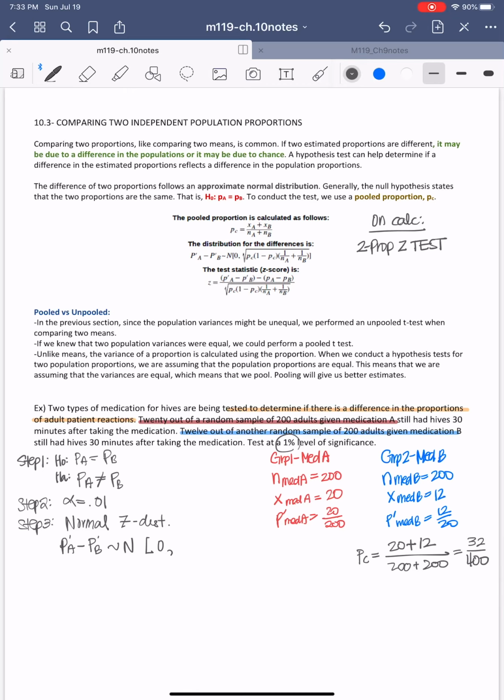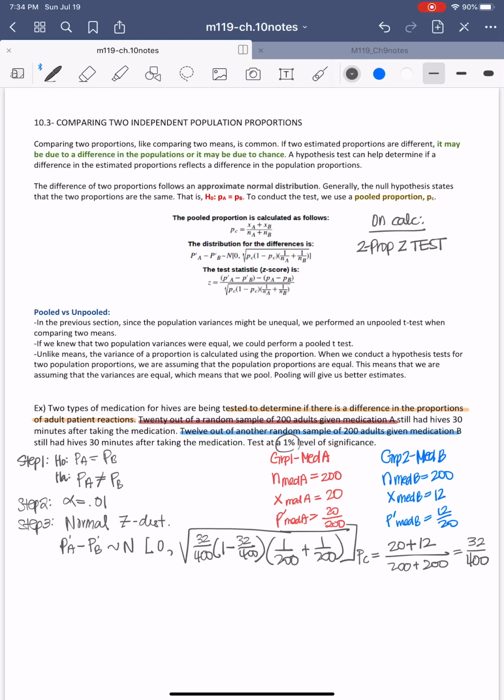So put it over here. P of C, that's your first one. So that's 32 out of 400 times 1 minus P of C, 32 divided by 400. Okay, and then 1 over N of A, 200, plus N of B, 200.